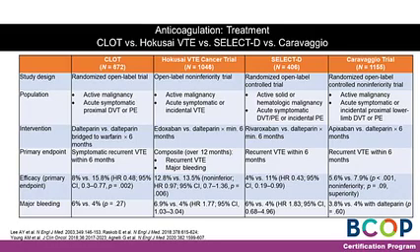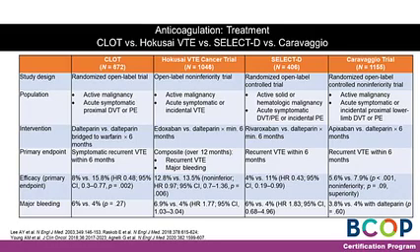This primary endpoint found that edoxaban was non-inferior to dalteparin. However, the rates of major bleeding were statistically significantly higher in the edoxaban arm, with a rate of 6.9% as compared to 4% with dalteparin. And what I'd like you to keep in mind as we talk about the next 2 studies is that the rates of major bleeding in the dalteparin arm were consistent amongst all of the DOAC studies at 4%.